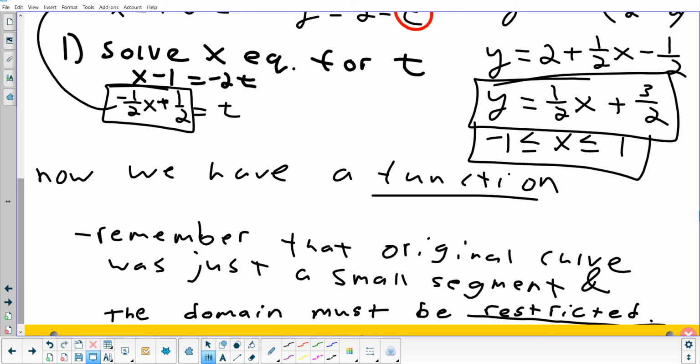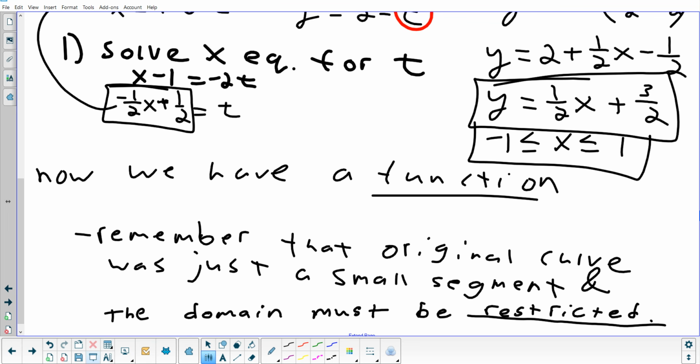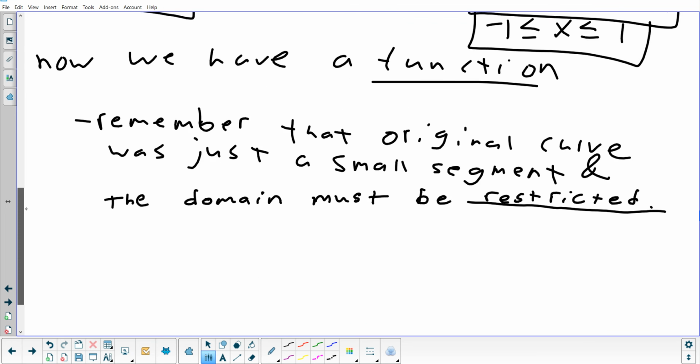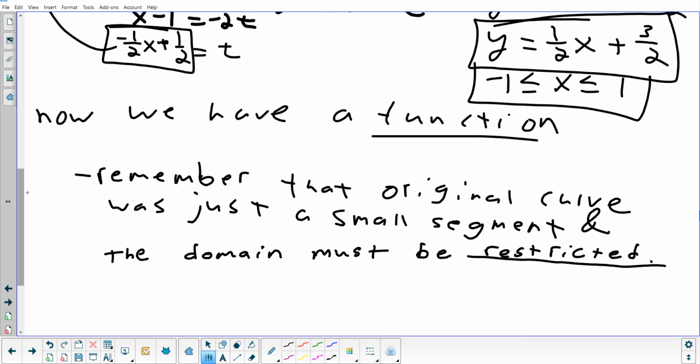Okay, so that restriction comes from figuring out the start and the stop points. And that's part of the answer you have to write with. Any question on that? Now, as far as graphing it with that restriction on the calculator, we're not worried about really doing that. You don't have to worry about that. You just have to remember to write that down.